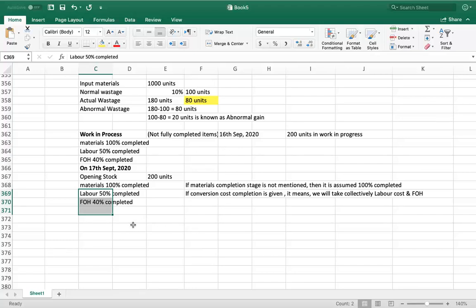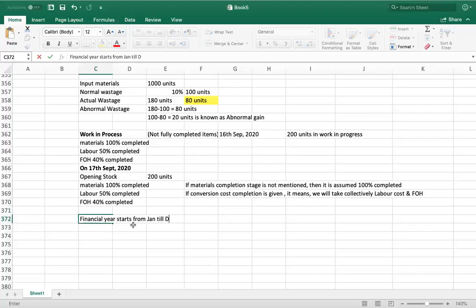For example, our accounting year starts from January till December.